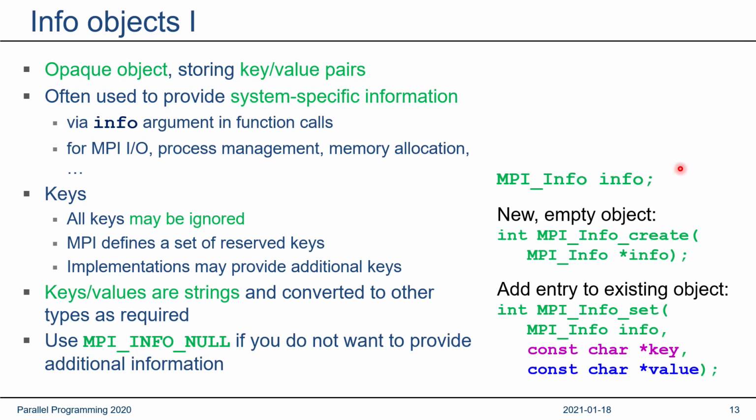So here's a little example of how you could use that. You instantiate an info object, MPI_Info. You have to initialize it, calling MPI_Info_create with a pointer to this info object. And then you can add entries to an existing object by MPI_Info_set. You need to specify the info object, the key, and the value as strings.